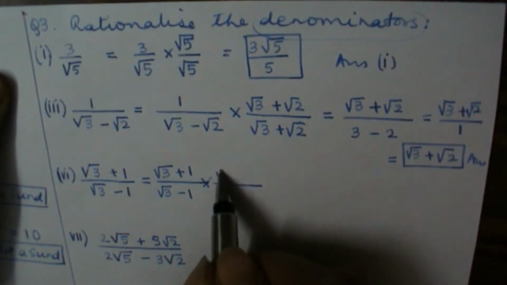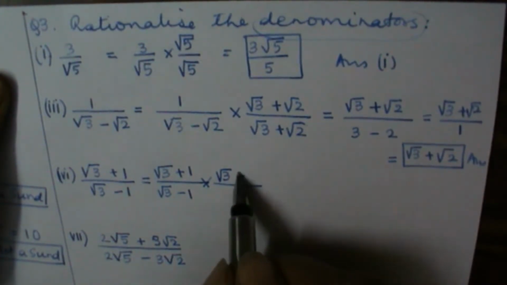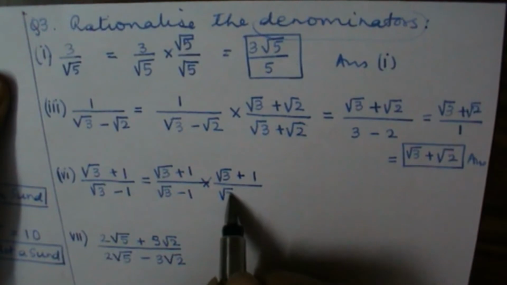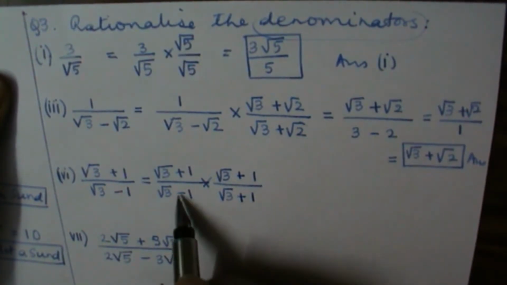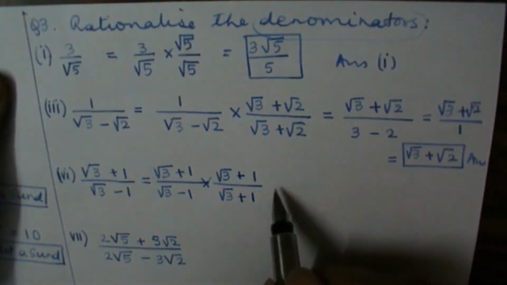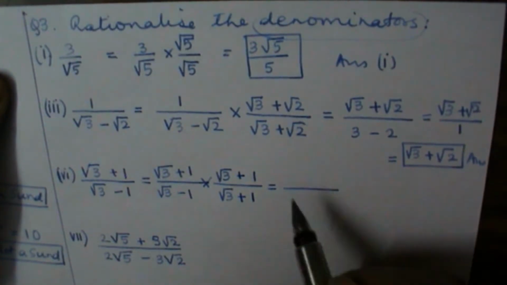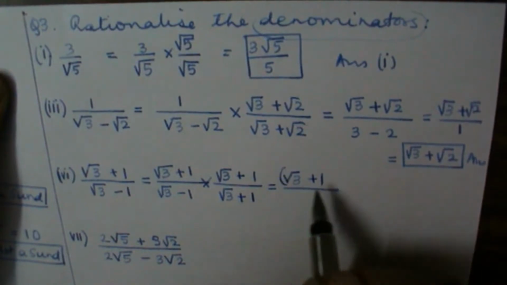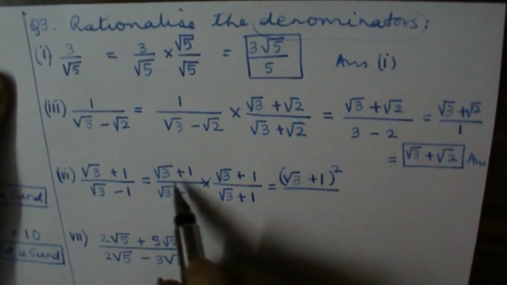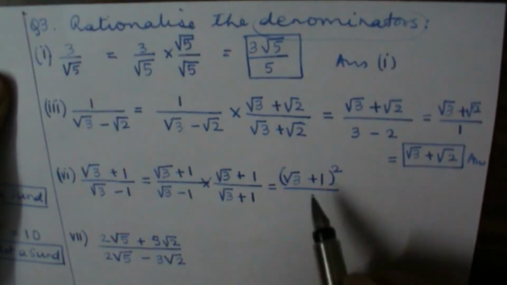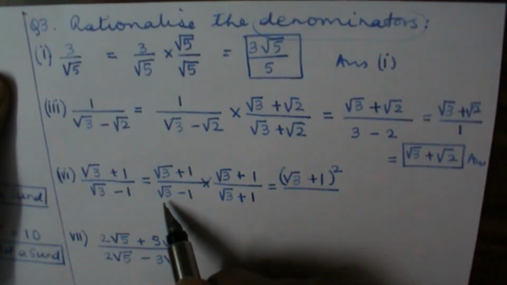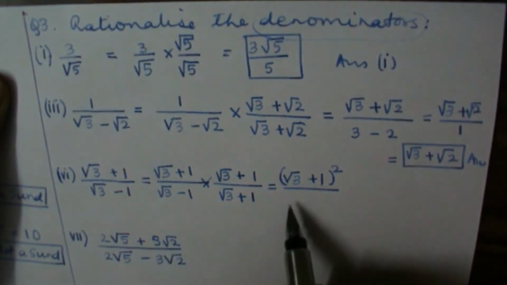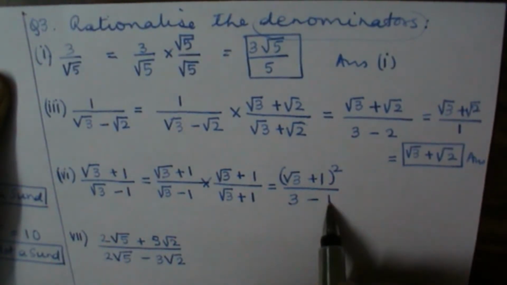So it will be root 3 plus 1 upon root 3 plus 1. This is minus, this should be plus. Now, in the numerator, it will be root 3 plus 1 whole square because the two brackets are same. And here it will be a square minus b square. So root 3 whole square becomes 3 minus 1.